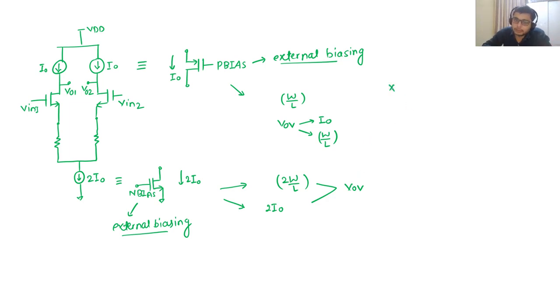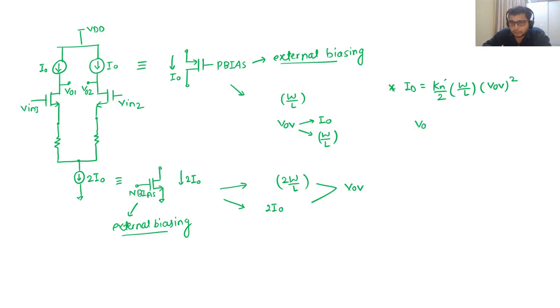For that we can see the relation. The simple relation in saturation is ID equals Kn'/2 times W/L times (VGS minus VTH) squared, which is nothing but the overdrive voltage squared. So I want to keep the same overdrive for your tail current and the current source load.